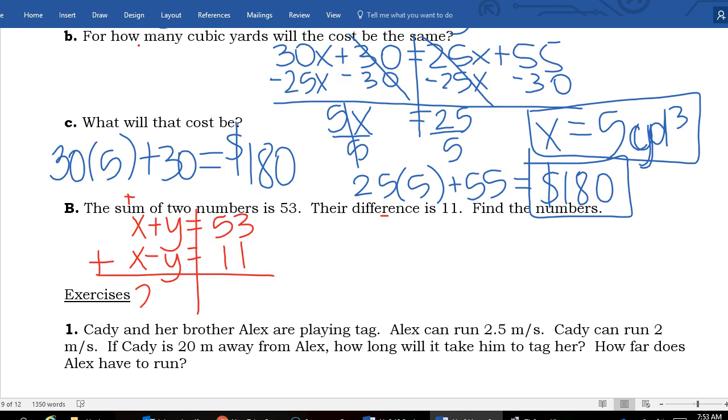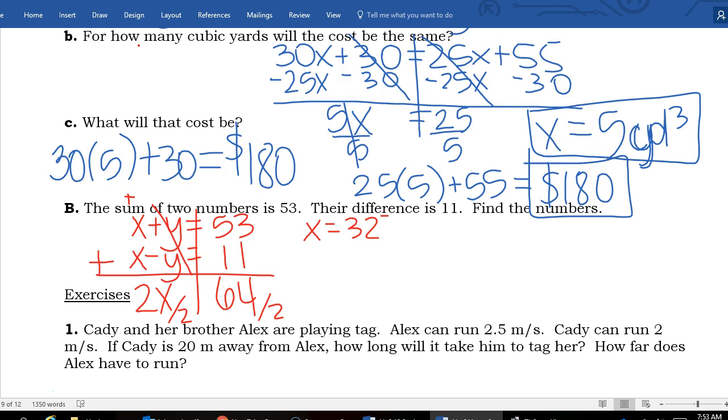x plus x is 2x, and the y's are gone. Positive y and negative y is 0. 53 plus 11 is 64. So if I divide by 2, I have x equals 32. So I know something plus 32 is 53, and 32 minus something is 11.